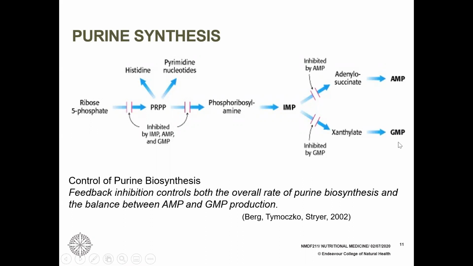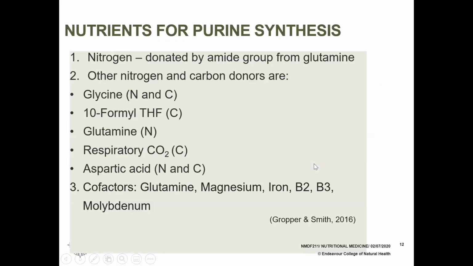So the body can go back and make purine nucleotide from its end products again, so that we don't have excess and we don't pressurize the kidneys to excrete all this DNA remnant. That's why this salvage mechanism is in place. And there is a different enzyme.